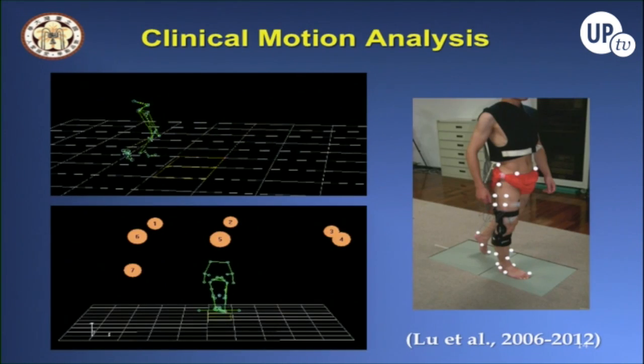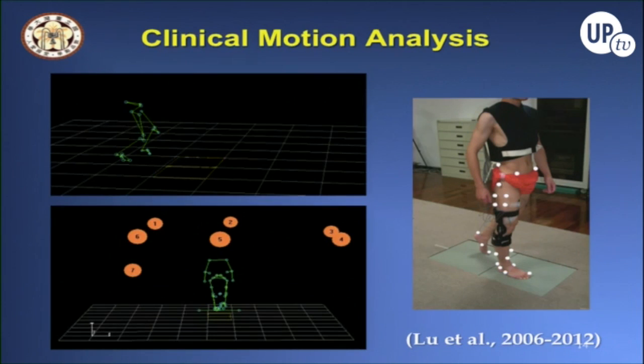And this is the stereophotogrammetry principle. And so since then, over the last few decades, marker-based stereophotogrammetry has been applied to all aspects of human motion analysis, including clinical motion analysis. And these are the data we use to study children with cerebral palsy.